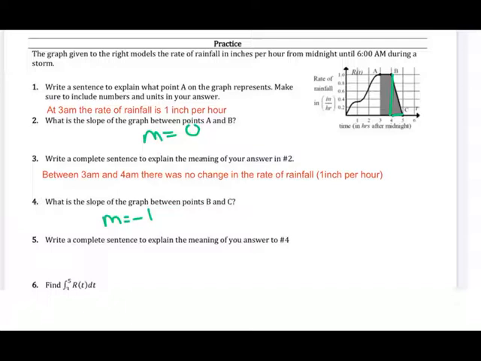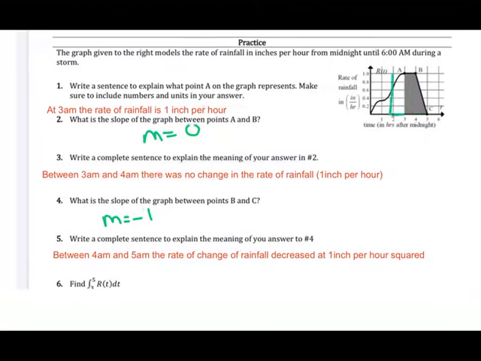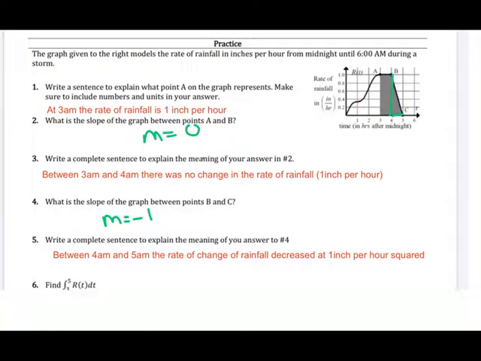Or you could say the rate of change of rainfall is -1 inch per hour squared. So just make sure you're not having a double negative situation.